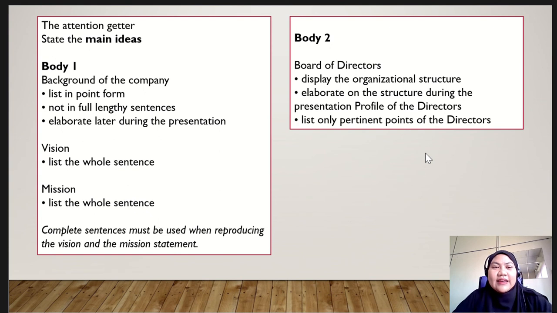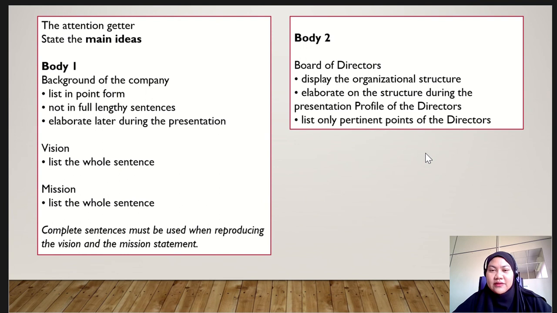All right. In the first body, or the first slide, you may include the background of the company. What does it mean by the background of the company? You want to talk about when it was created, when it was founded, who the person was that founded it.